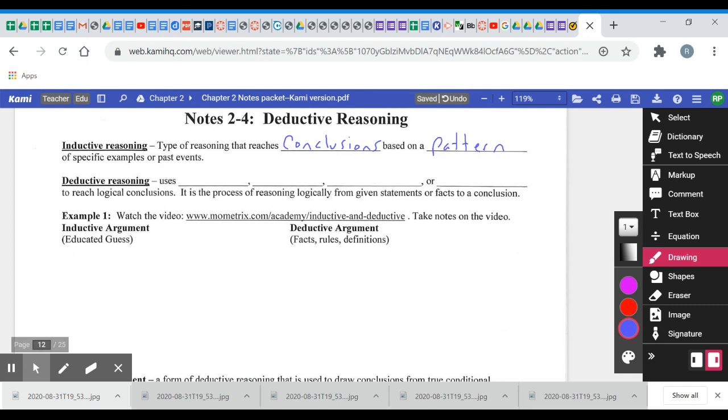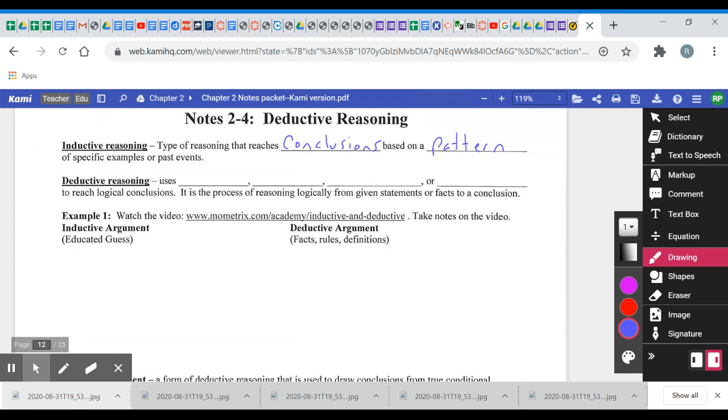Like in section 2.1, when you were looking at those different patterns of numbers or letters or words, you could look at that pattern and then use it to help you determine what the next couple of terms were. And you were using inductive reasoning to do that.